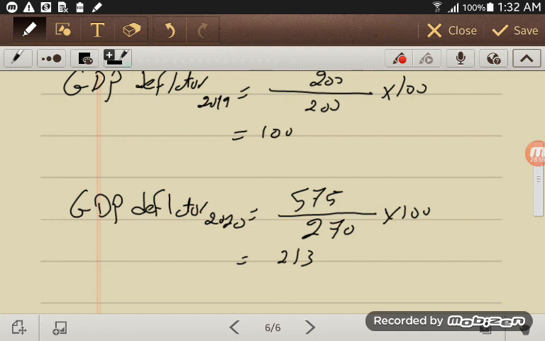So this is GDP deflator for year 2020 and 2019.